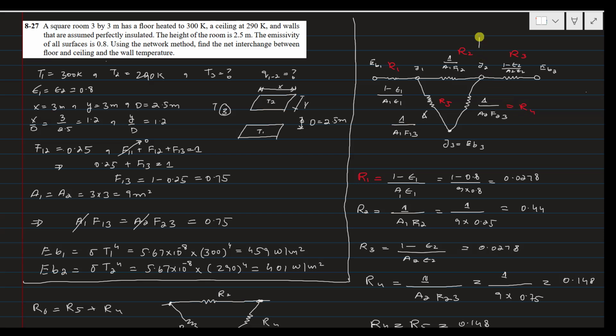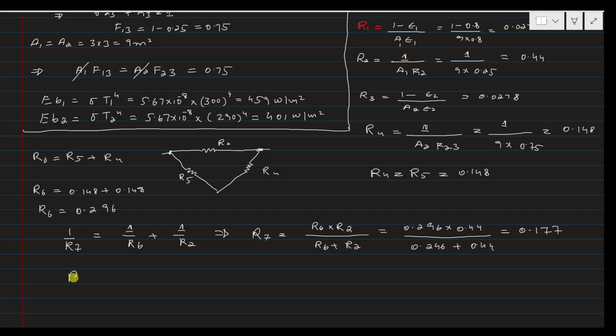So I can say that the R2, R5, and R4 resistances are equivalent to R7. So the total resistance of this heat transfer network is the sum of R1 plus R7 plus R3. So the total resistance RT is equal to R1 plus R7 plus R3.